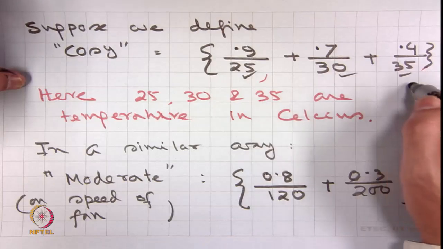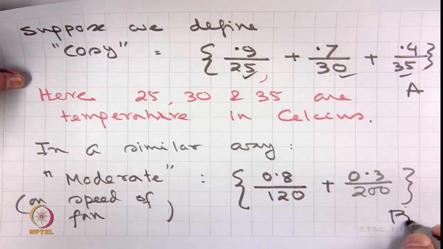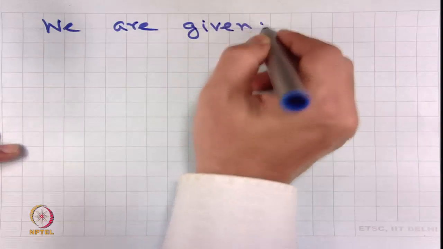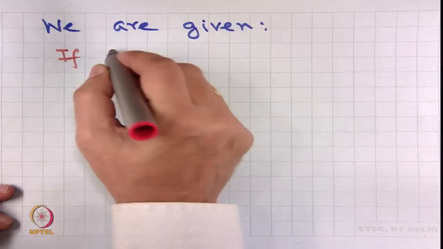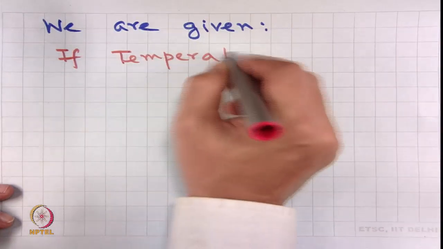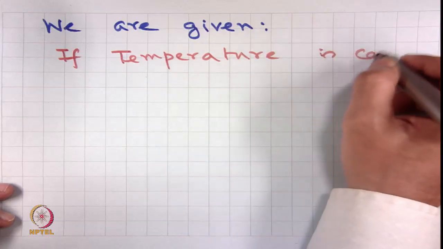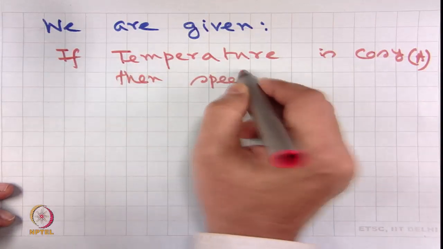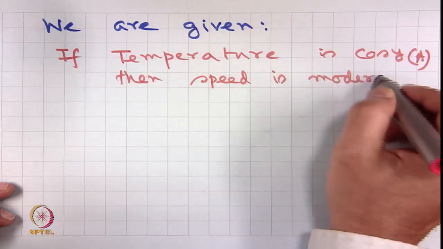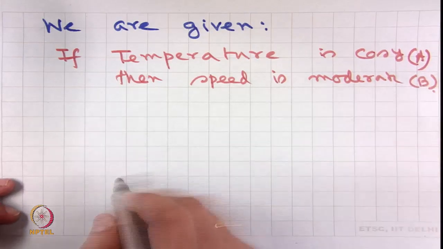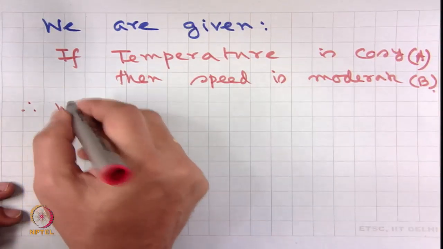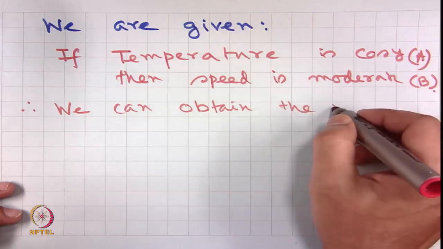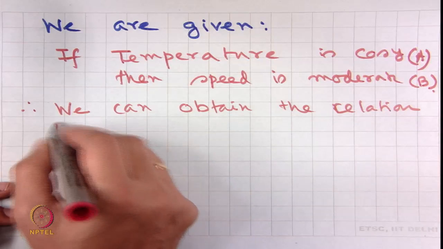So, this is my set A and this is my set B, and we are given if temperature is cozy or in A, then speed is moderate, that is speed is B. Therefore, we can obtain the relation R as follows.